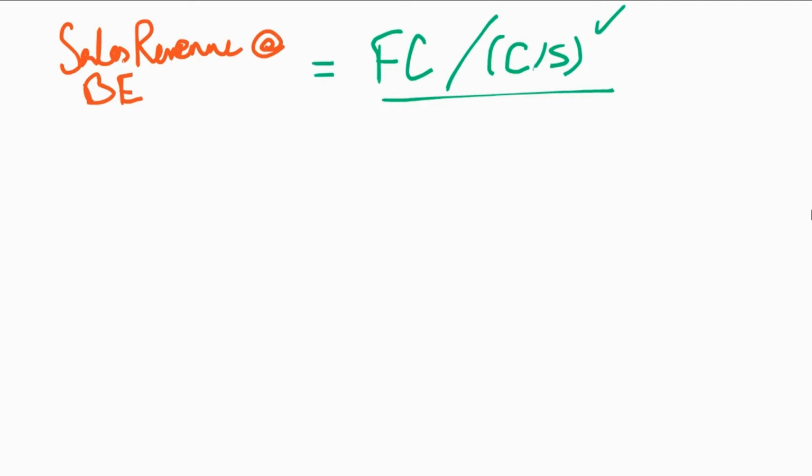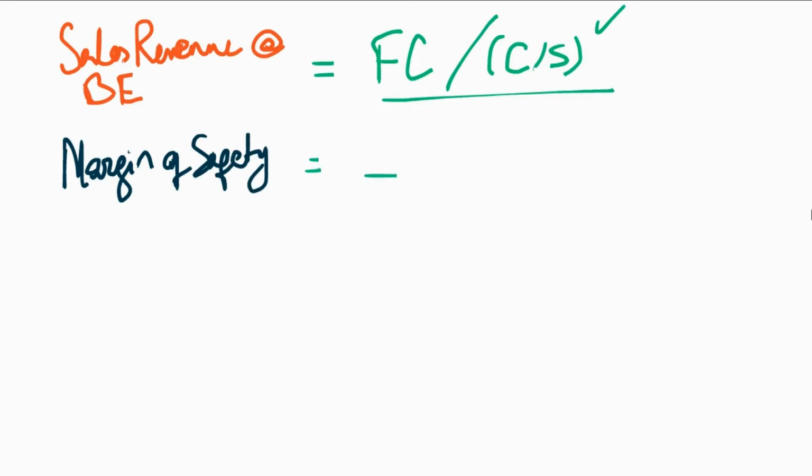The next one is margin of safety. You may actually recall this term from previous studies. That is the difference between my budgeted sales units and my break-even sales units.